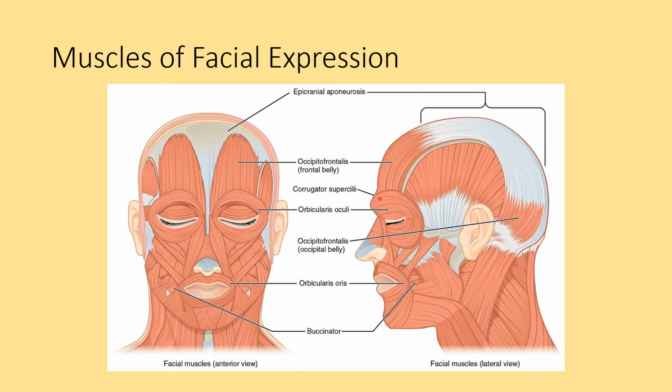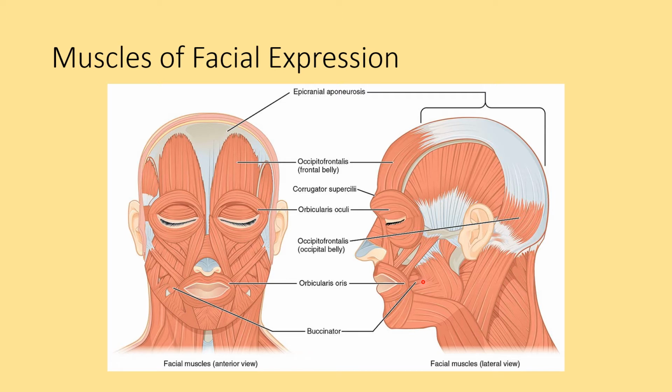And then around the eyes, orbicularis oculi. So this is going to be responsible for, obviously, movements around the eye. Orbicularis oris, think mouth. So that's going to cause some of the mouth movements. Buccinator is along the cheek.